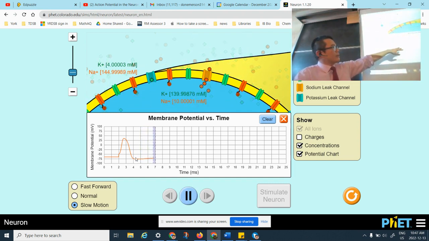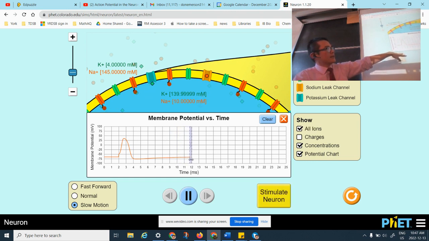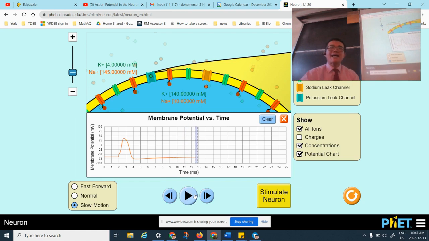Now at this point, the sodium and potassium gates are both closed, but then something is happening which causes the membrane potential to go back to normal. What was happening? It's not shown here. But what was the first thing that caused the sodium and potassium concentration to be balanced at resting potential?